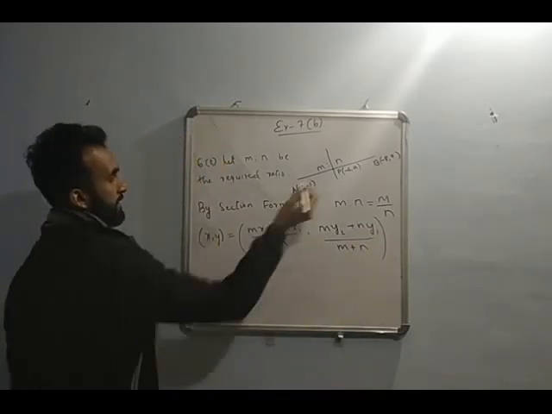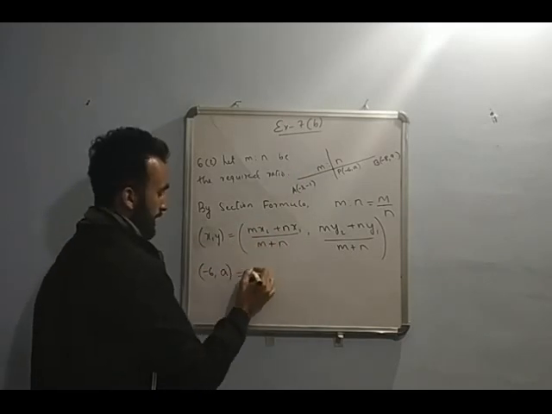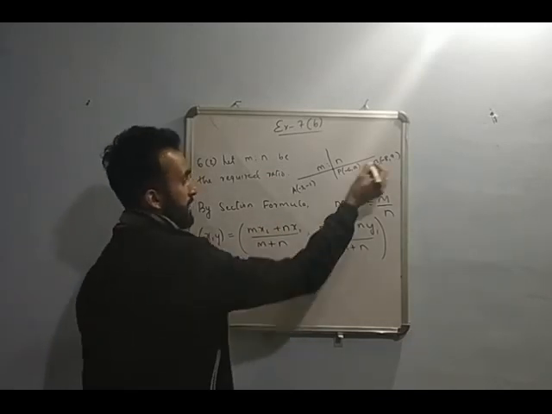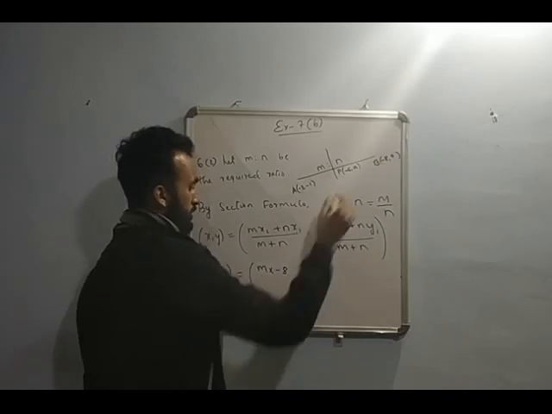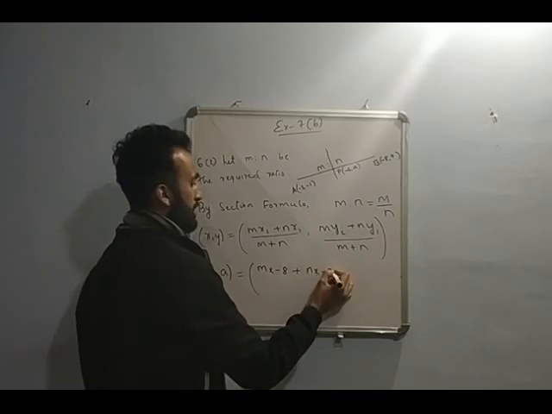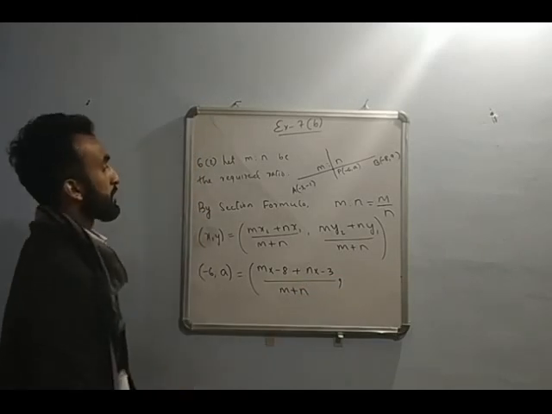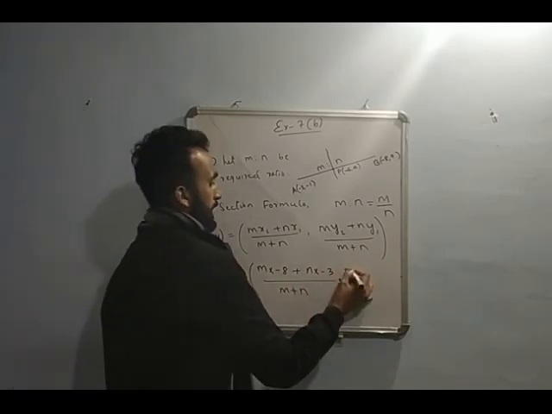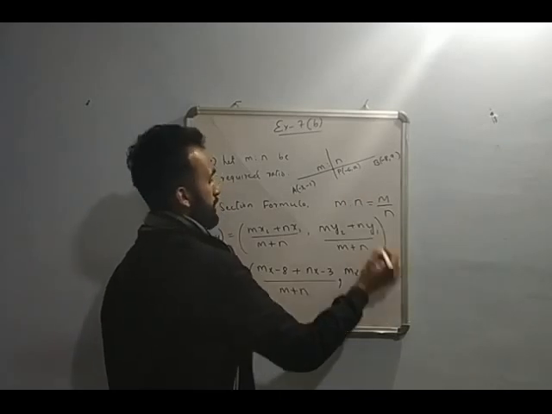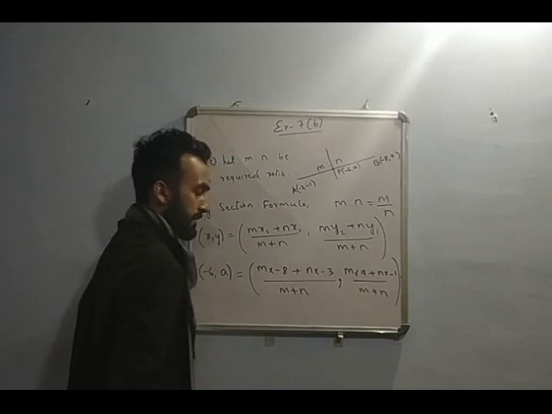Now x is -6, y value is A, and m is m only, I have to find out, and x2 is -8, plus n value is n only, and x1 is nothing but -3 divided by m plus n comma my2, m is m, y2 is nothing but 9 plus n is n, y1 is nothing but minus 1 divided by m plus n. Till here clear?